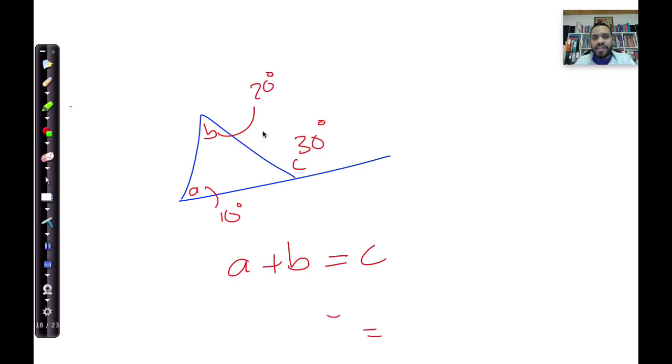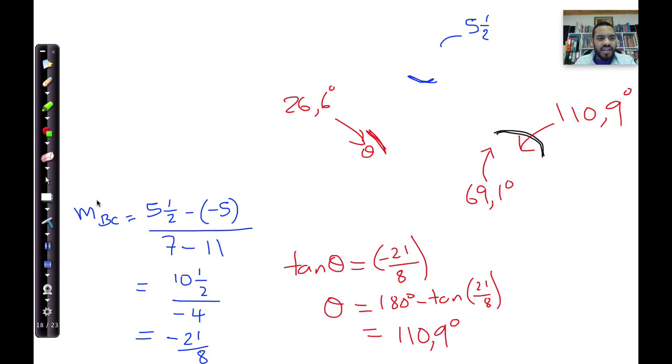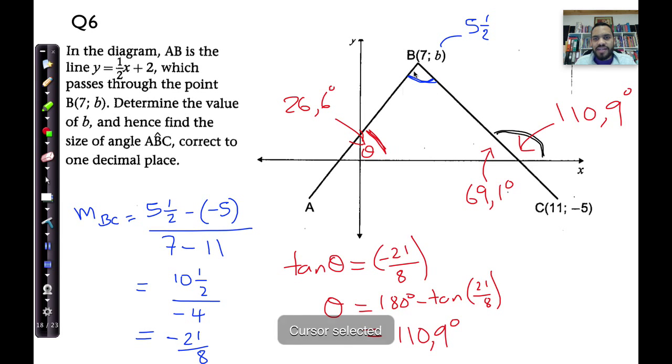And that's exactly what I'm doing here. I'm saying, let me call the previous angle on this side theta. We know the value of theta. I know this exterior angle, so what will that be? So you can set up an equation. We can then say 26.6 degrees plus, let's call this angle ABC, I'm just going to call it angle B for now, is equal to 110.9 degrees.